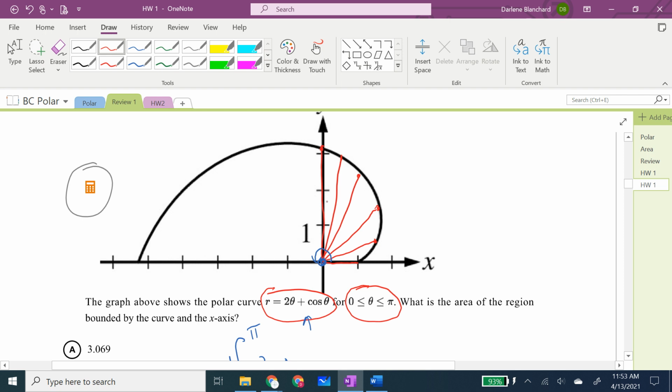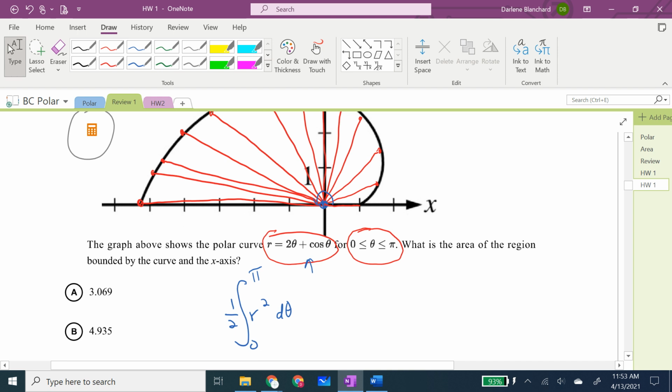As I draw these, it's telling me what I'm actually finding the area of if I integrate this particular curve from 0 to pi. Drawing those helps a lot to just recognize what you are doing.